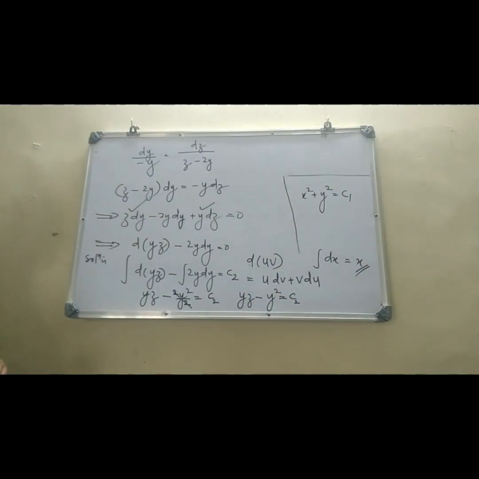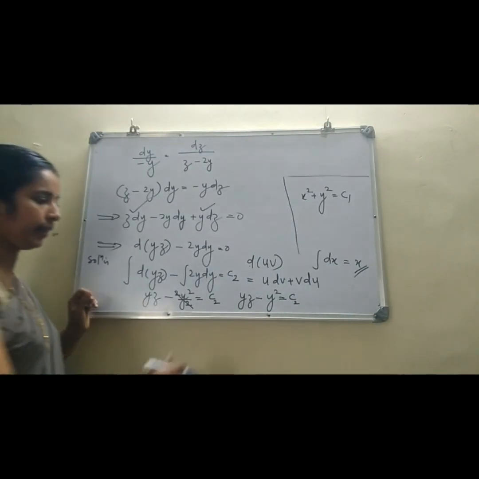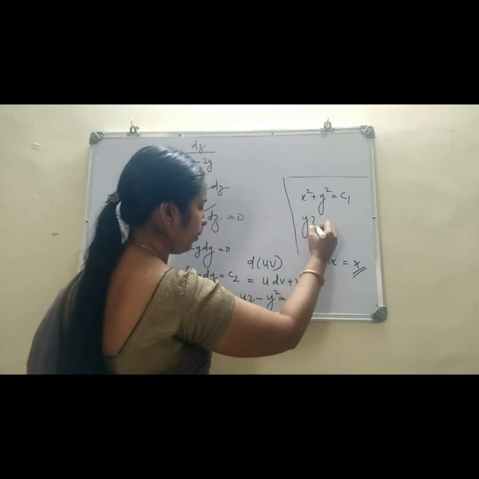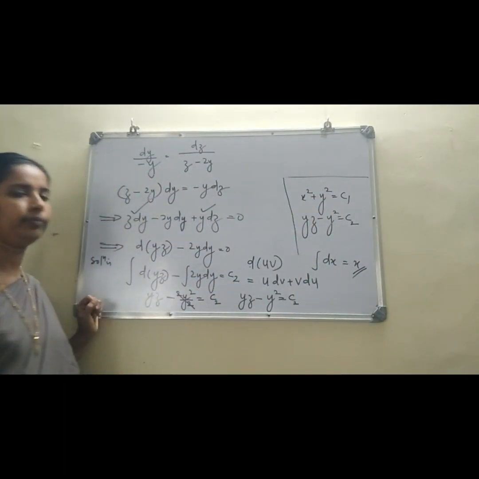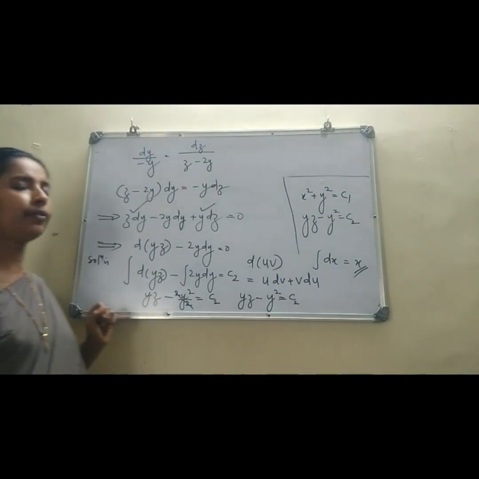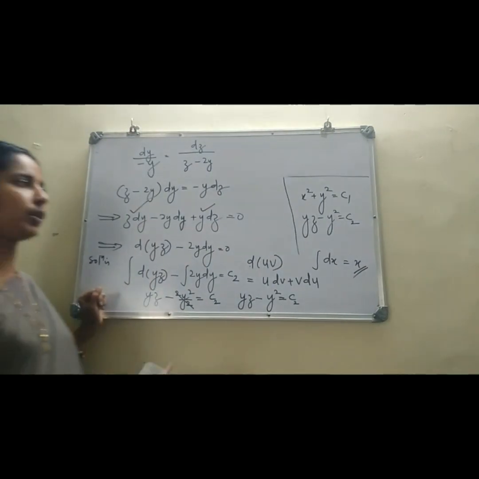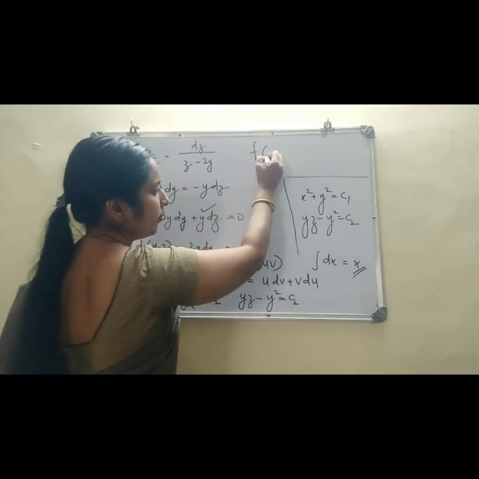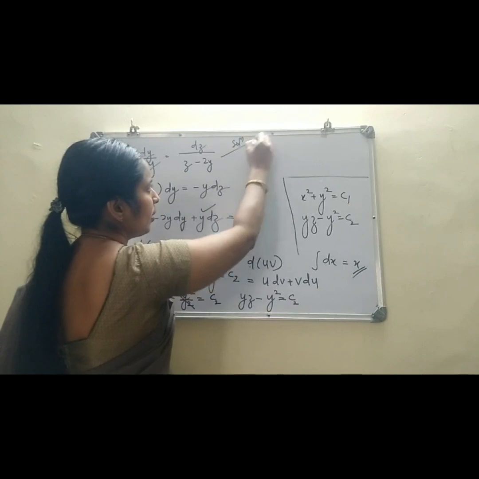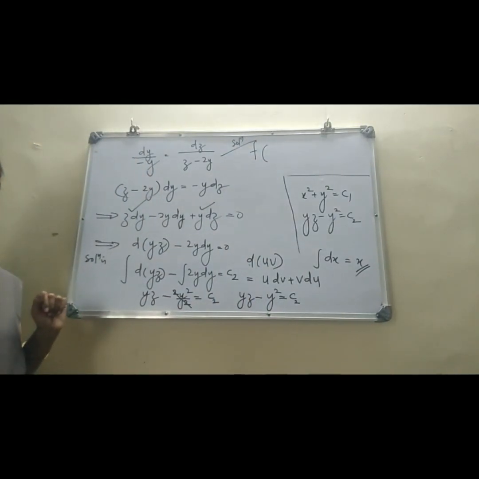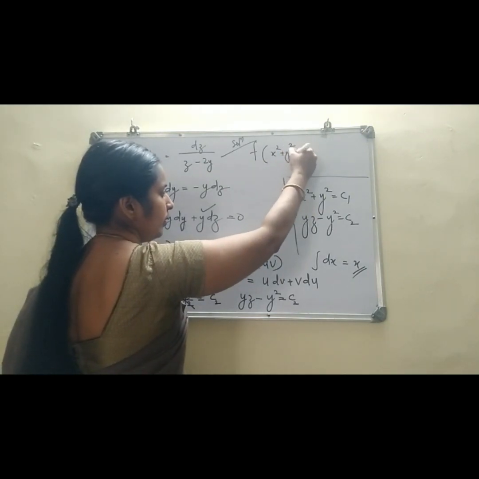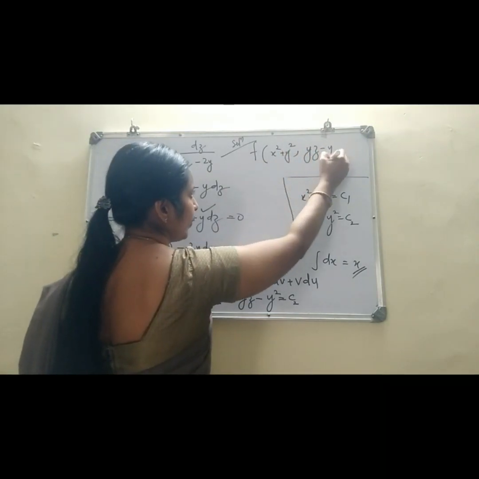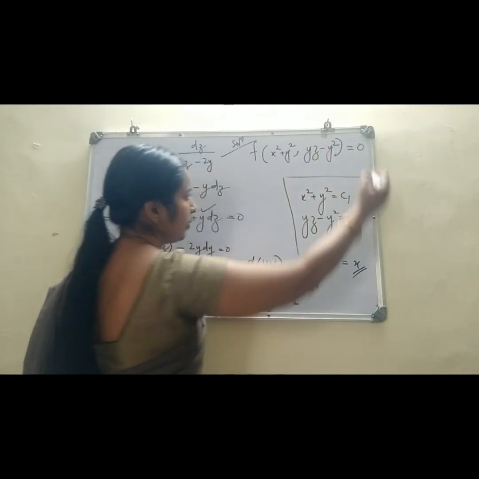That is the another solution of the auxiliary equation. Now we have two solutions of the auxiliary equation. So the required solution or the general solution of the given equation is f of x square plus y square comma yz minus y square is equal to 0.